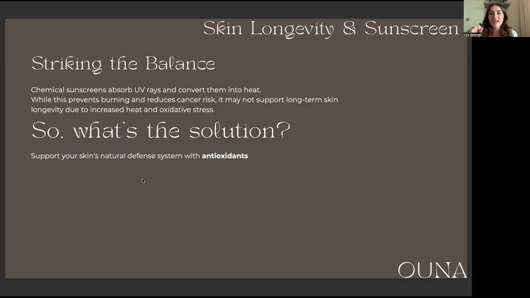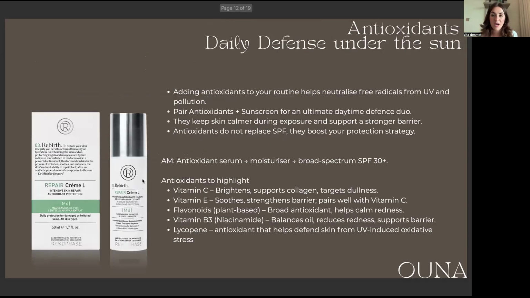So we want to incorporate antioxidants into the mix. How can that look? I see antioxidants as a daily defense under the sun. Wherever you are, adding antioxidants to your routine will always neutralize free radicals from the UV and the pollution. If you pair antioxidants with a sunscreen, you will get a very good daytime defense duo.